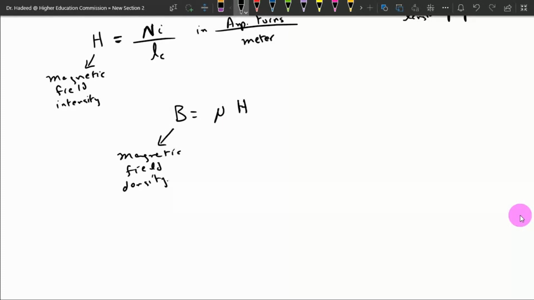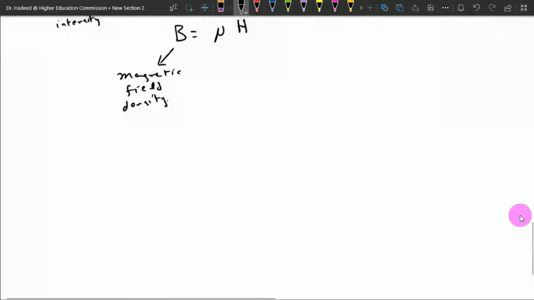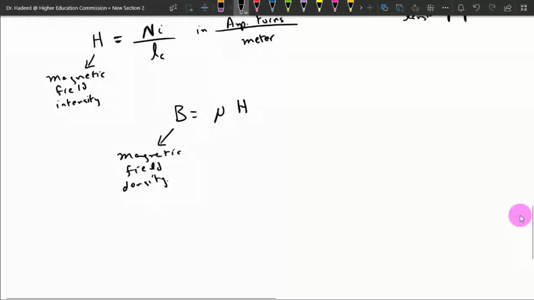That is the flux lines per unit area, that is, how much of this flux is passing through this particular area. That represents the magnetic field density, and that is equal to mu into H. H is the intensity, B is the density, and what is mu? Mu is known as the permeability of the core material.